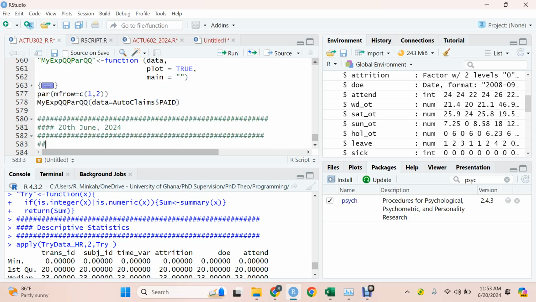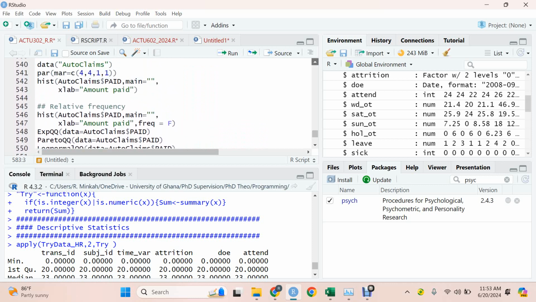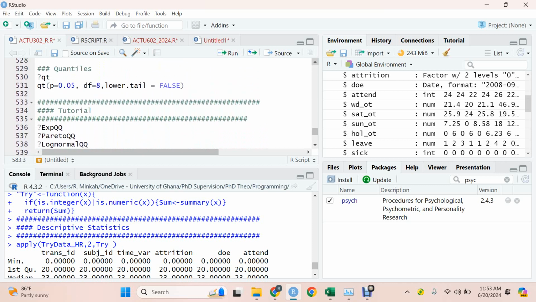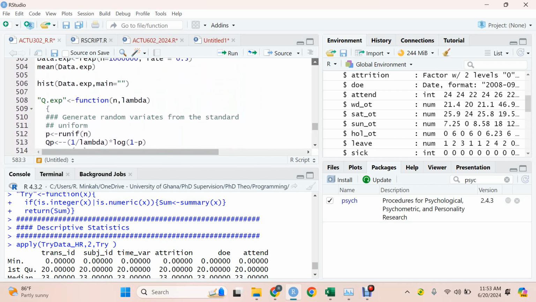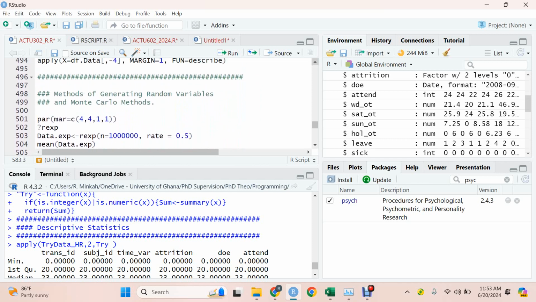So last week, let me go back. We did functions. Okay, so it was a tutorial, right? So now we know how to generate observations.